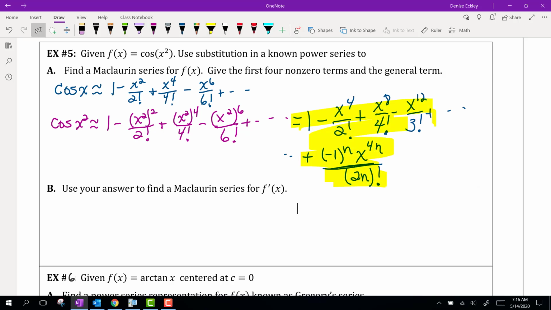Okay, part B says use your answer to find a Maclaurin series for the derivative. So we're just going to take the derivative of our new power series and then write a general term for it. So f prime of x is going to be approximately equal to derivative of 1 is 0.